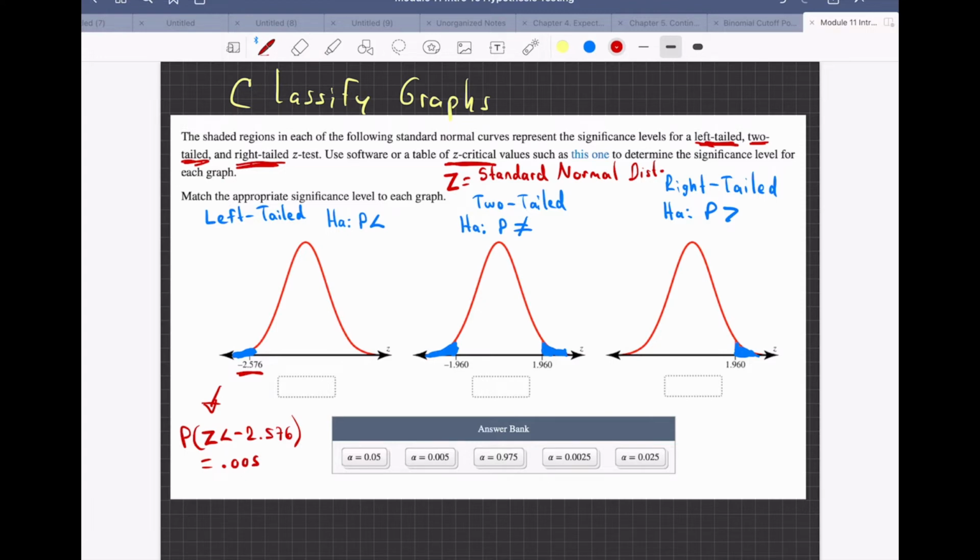For this one, we're looking for the probability that C is between, no, I'm sorry. We're looking for the probability that C is greater than 1.96 or C is less than negative 1.96. This is 1 minus the probability that C is between negative 1.96 and 1.96.